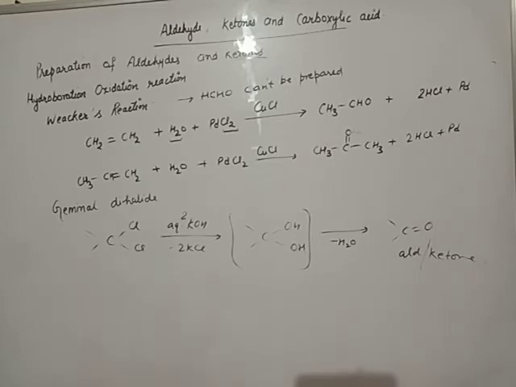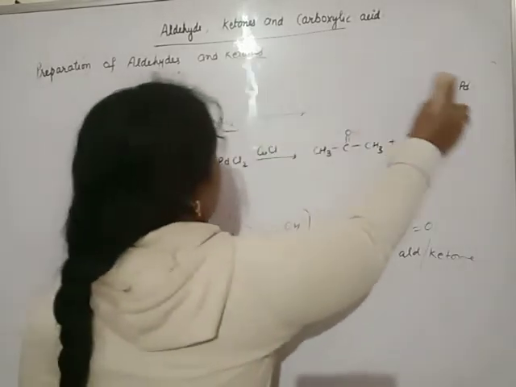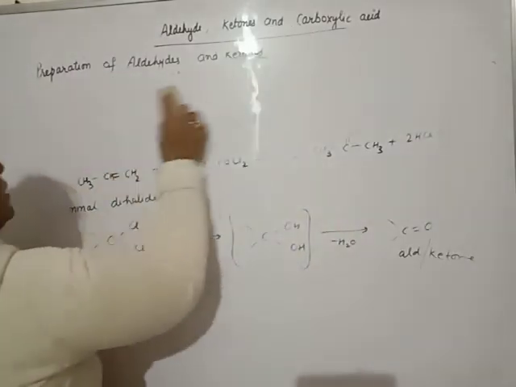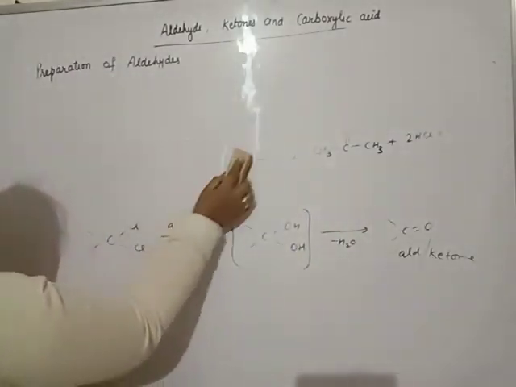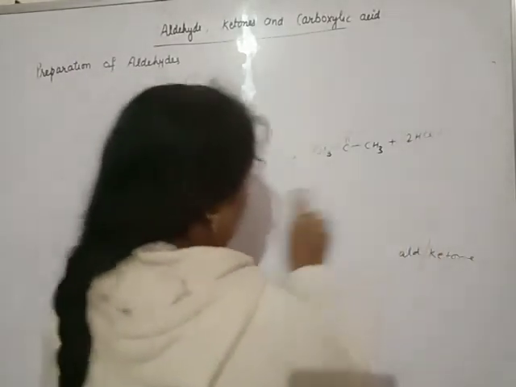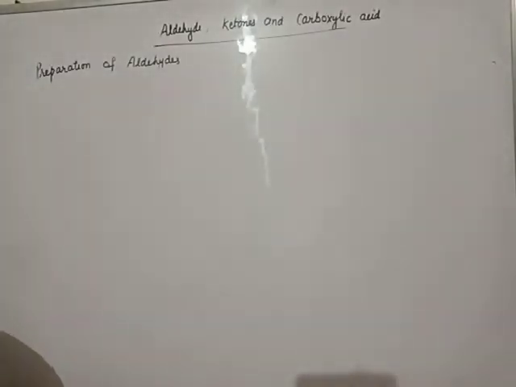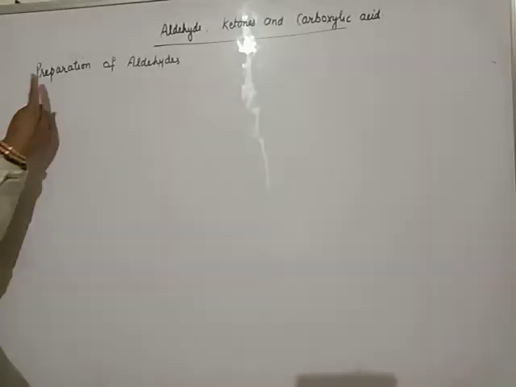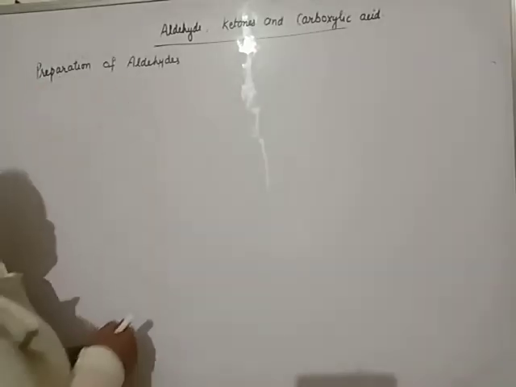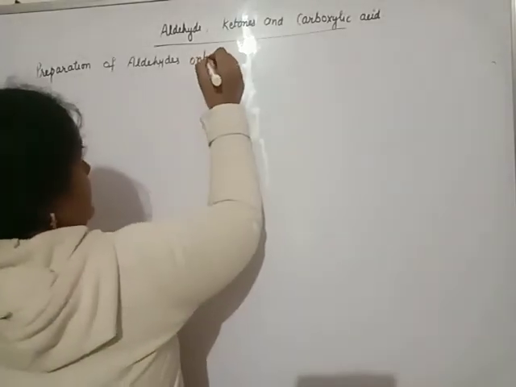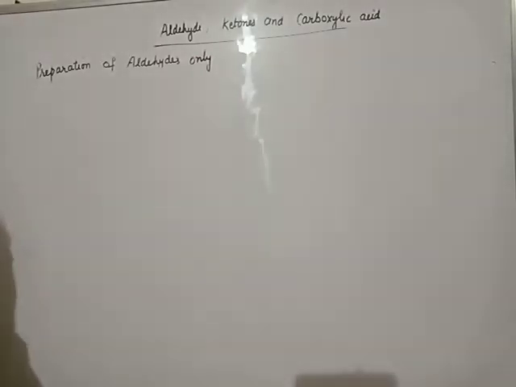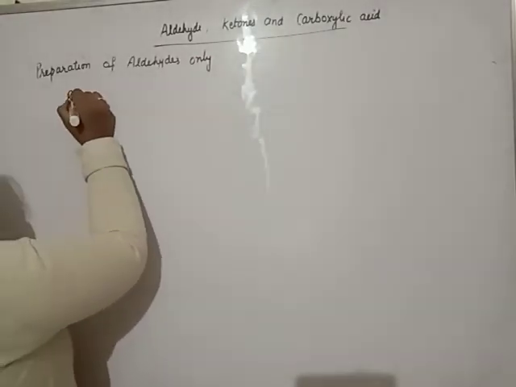But we have some reactions from which only aldehydes can be prepared but not ketones. Some reactions prepare only and only aldehydes but not ketones. These reactions are under the heading preparation of aldehydes only. That means ketones can't be prepared by this method. First one is the Rosenmund reduction.